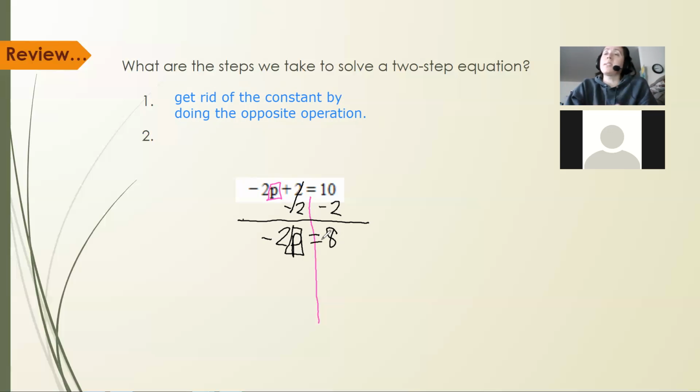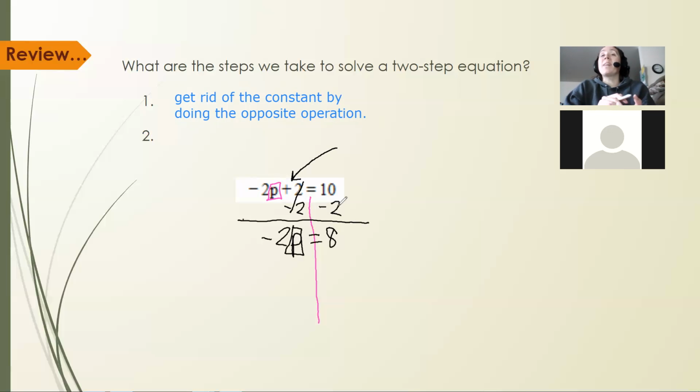I just want cookies. That's the only reason I said that. So our first step was get rid of the constant by doing the opposite operation. The operation that was going on was addition, so we subtracted that constant from both sides so that our equation balanced. And now we're left with negative 2p equals 8.